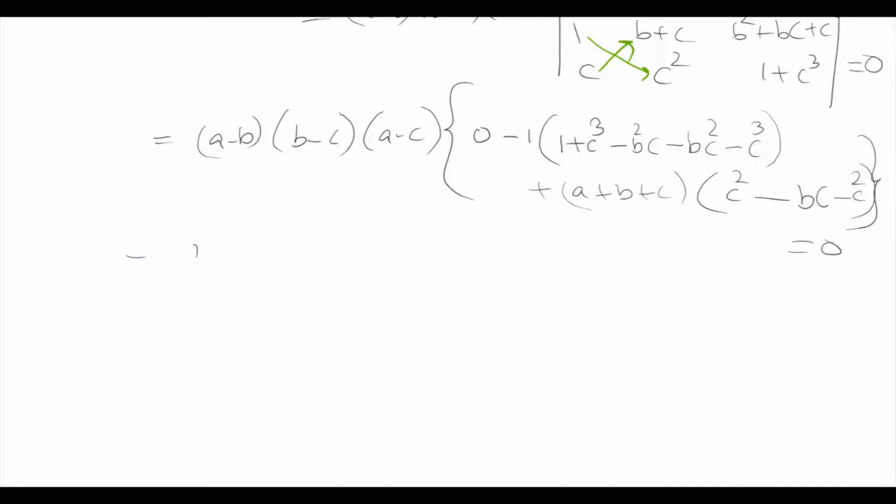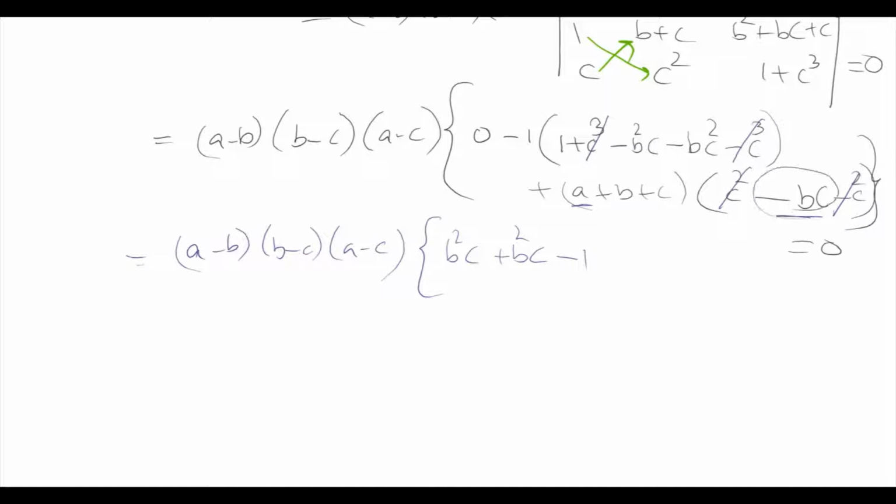That equals A minus B into B minus C into A minus C of: C cube plus C cube gets cancelled, and minus C square plus C square gets cancelled. So minus into everything becomes B square C plus B square C, and minus 1 into 1 is minus 1, plus this is A into minus BC, so we need to multiply minus BC for all these three terms.